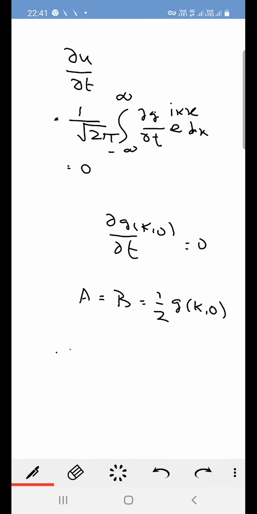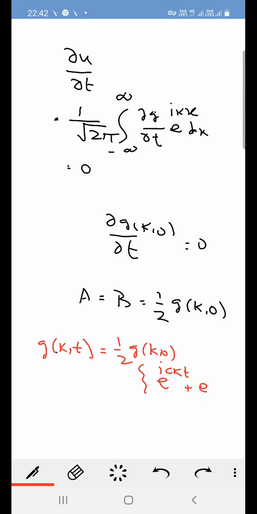So we can write g(k, t) as equal to half g(k, 0) into e to the power ickt plus e to the power minus ickt.